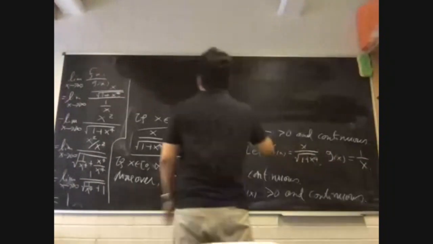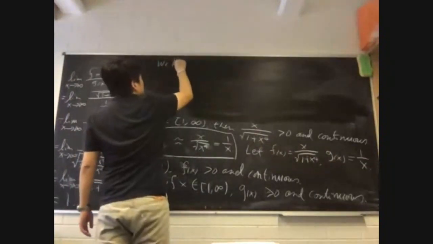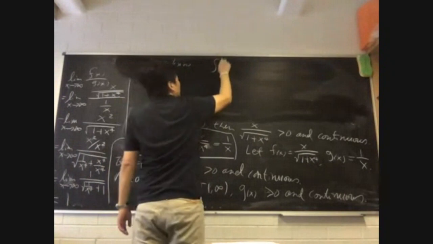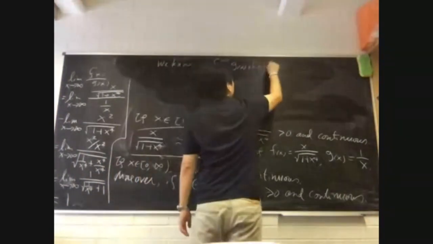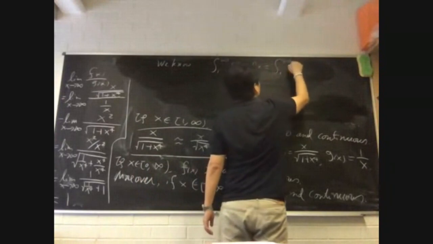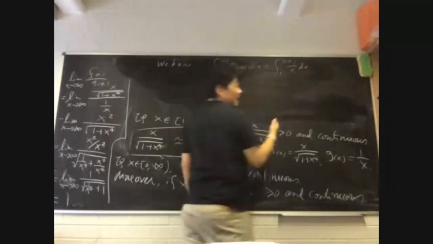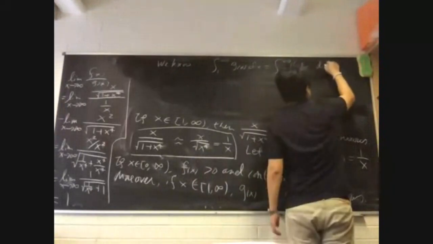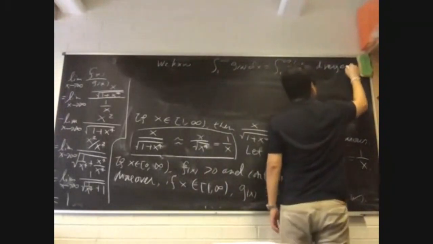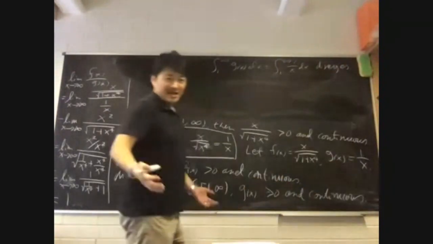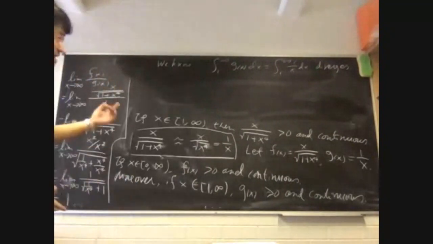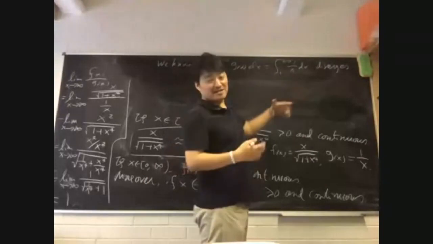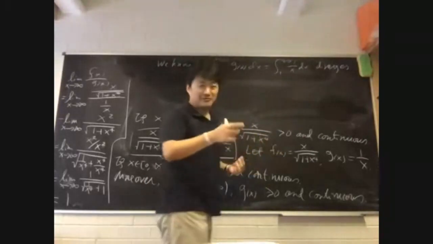So we know that the integral from 1 to infinity of g of x dx, that's the integral from 1 to infinity of 1 over x dx. That diverges. That's either what you call the p-test, or you can actually evaluate that, because an antiderivative here is log x, and you go from 1 to infinity.